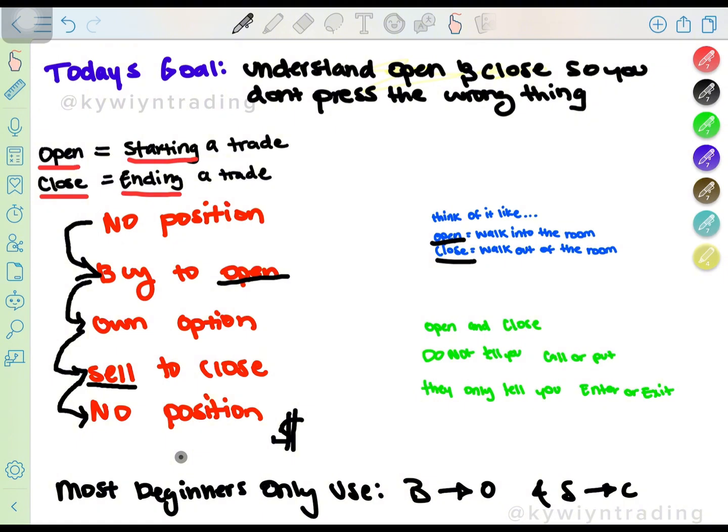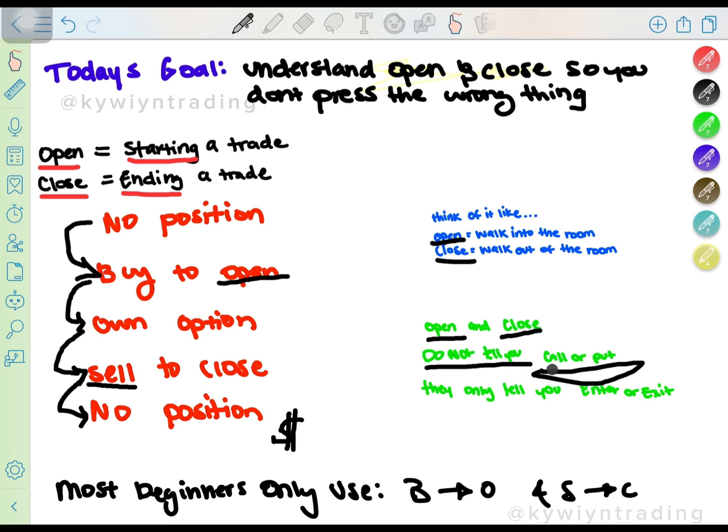So remember these two questions when you try to understand the terms open and close. Are you starting a trade? That's an open. If you're ending a trade, that's a close. Once you know that, the terminology is simply just that. When you open or close, they do not tell you the direction.